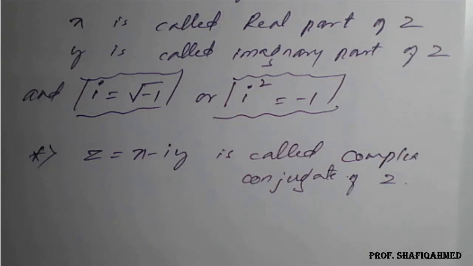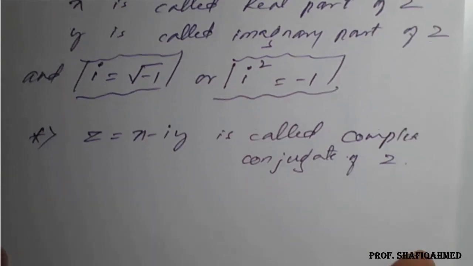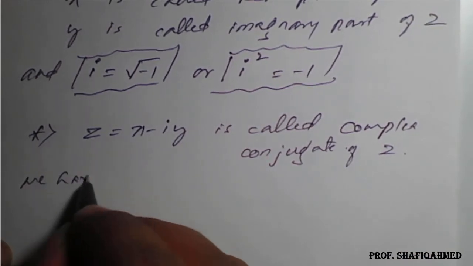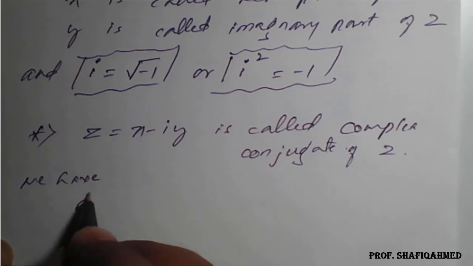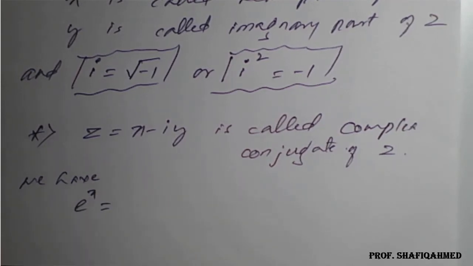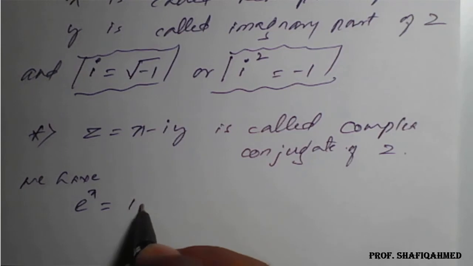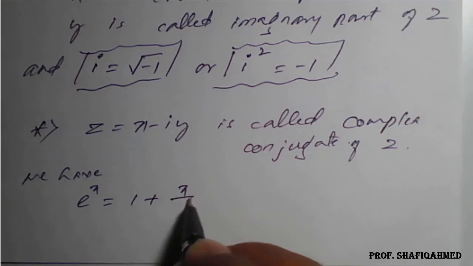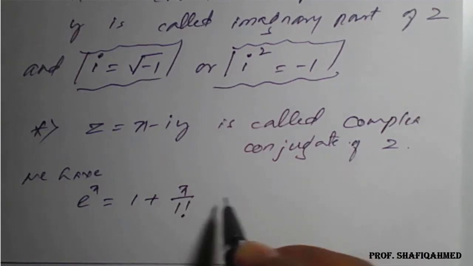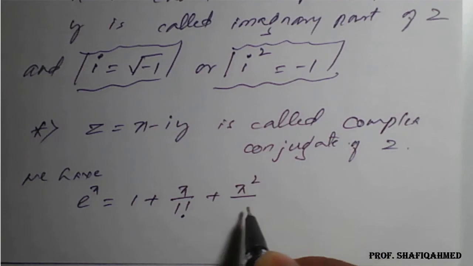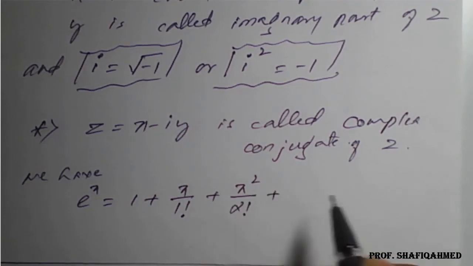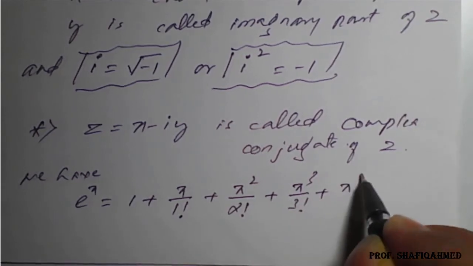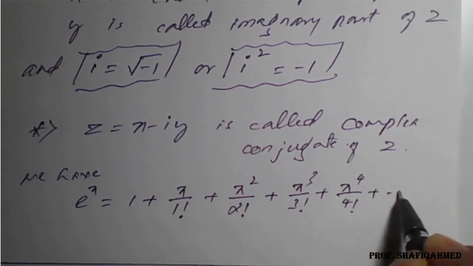So next we are going to consider here few of the results, like the series result for e raised to x. We'll see here. So e raised to x is given by 1 plus x divided by 1 factorial plus x square divided by 2 factorial plus x cube upon 3 factorial plus x raised to 4 upon 4 factorial plus so on.